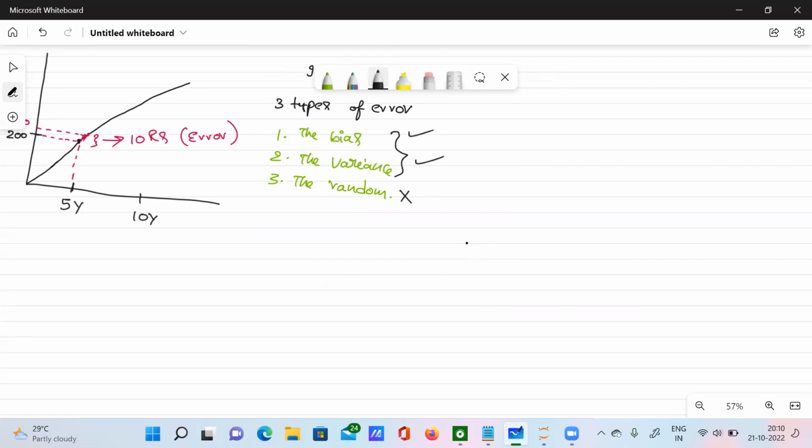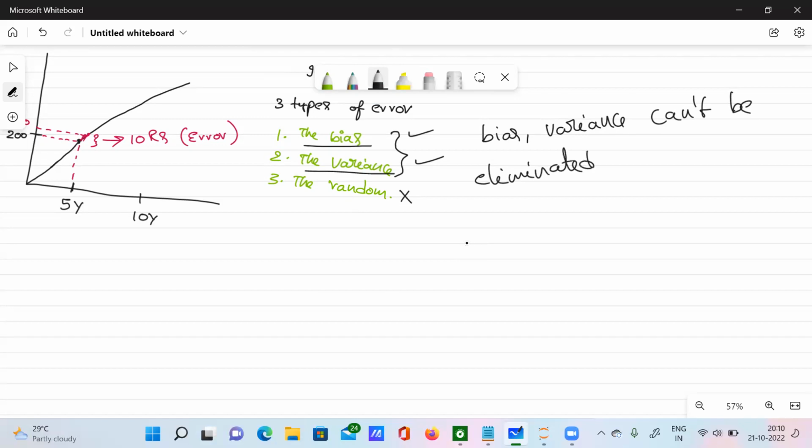For example, see here, the bias error and the variance error can't be removed completely. Okay, bias and the variance can't be eliminated completely.